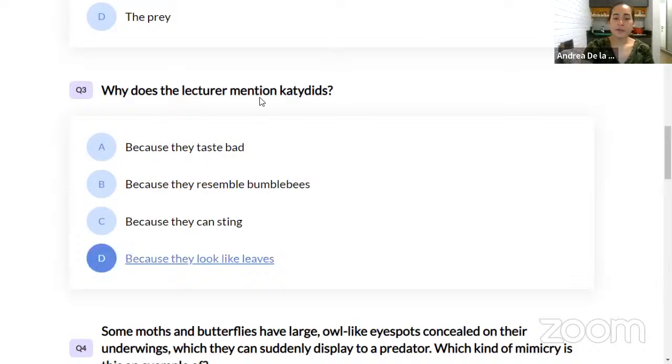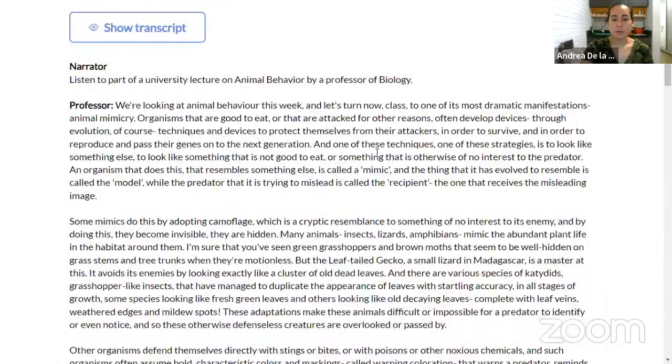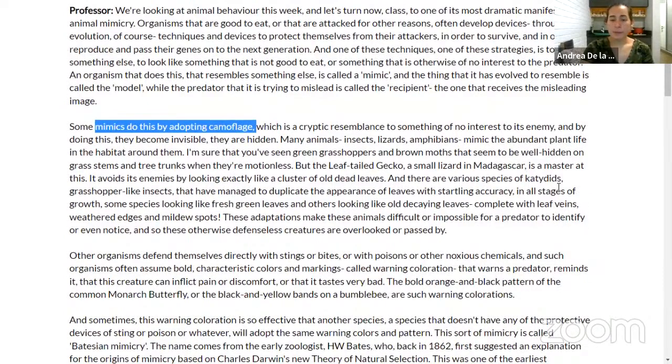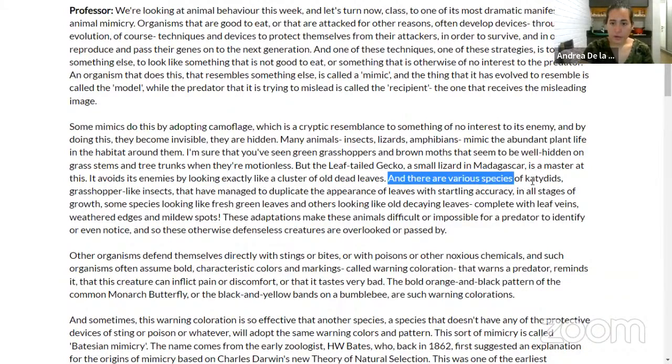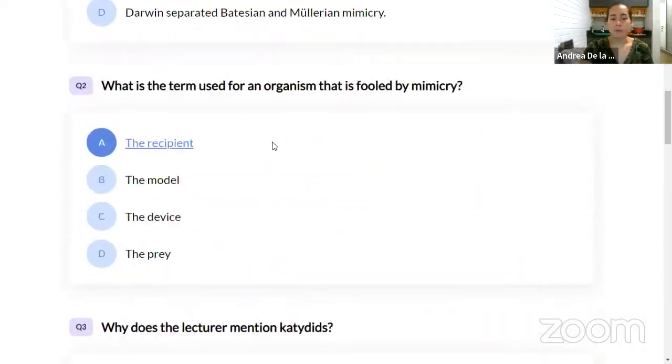So this was an example of camouflage. It was mentioned in the beginning. Katydids are an example of camouflage. See, some mimics do this by adopting camouflage. And then they give the example of, let's see, there are various species of katydids, grasshopper-like insects, that have managed to duplicate the appearance of leaves, right? So that's an example of camouflage.